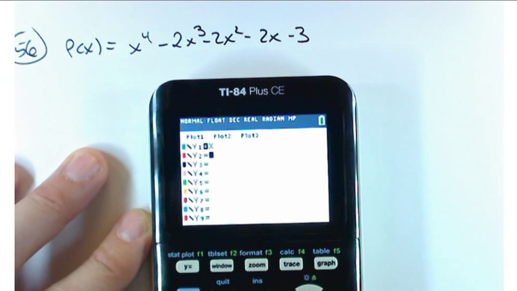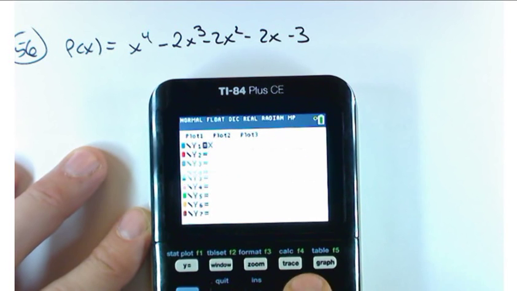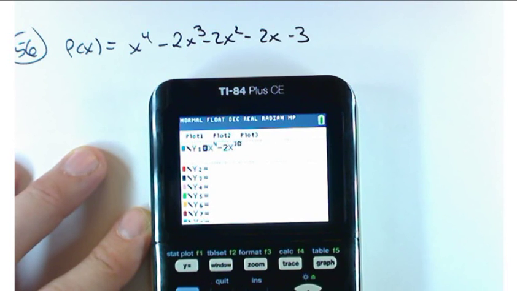Let's put in our function. Oops. Clear that out. So x to the 4th minus 2x to the 3rd minus 2x squared minus 2x minus 3.